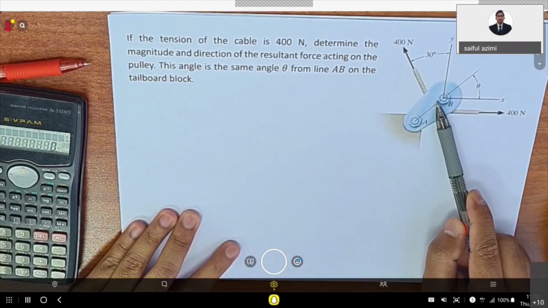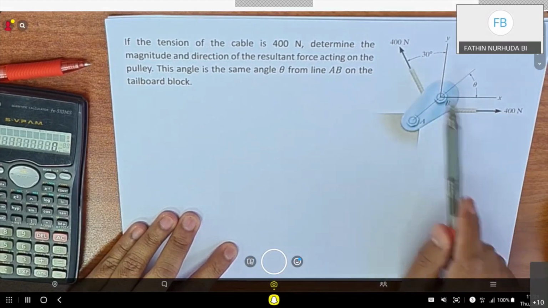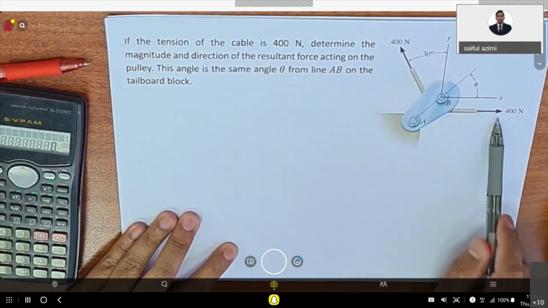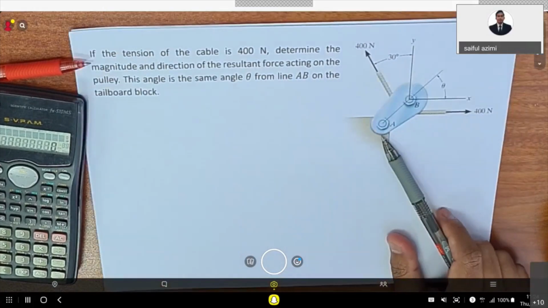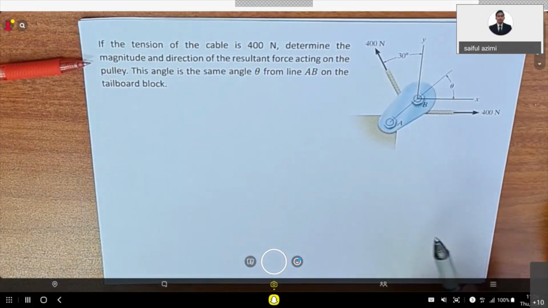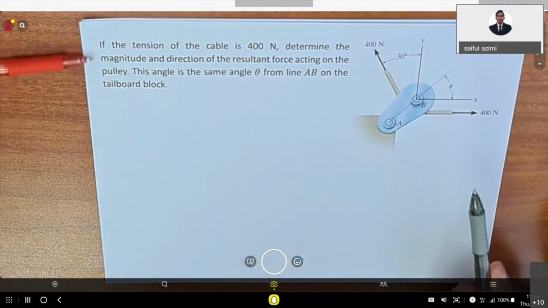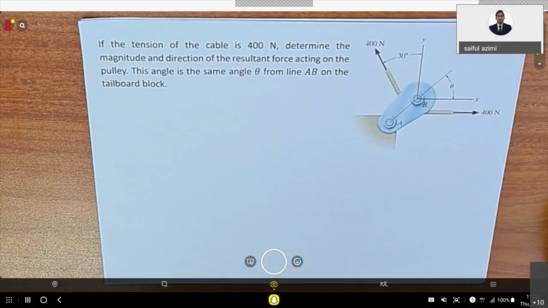Each cable has the force of 400 Newton, and they want you to find the resultant force, the magnitude and also the direction.